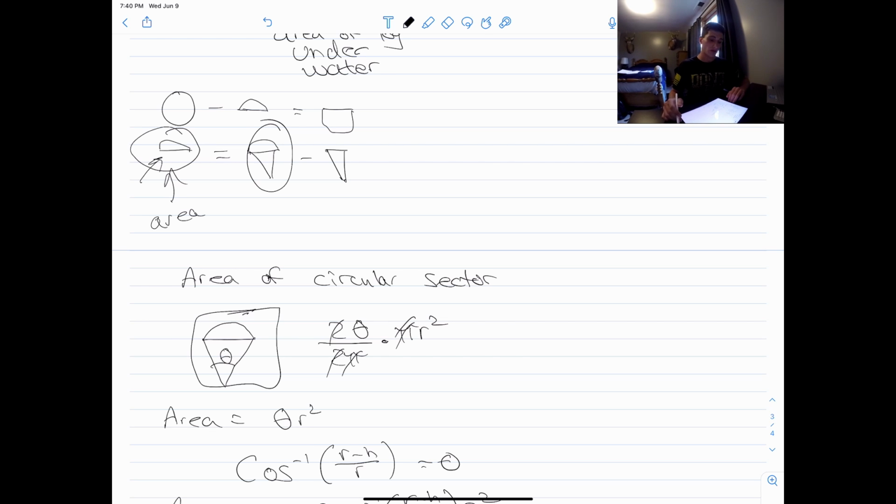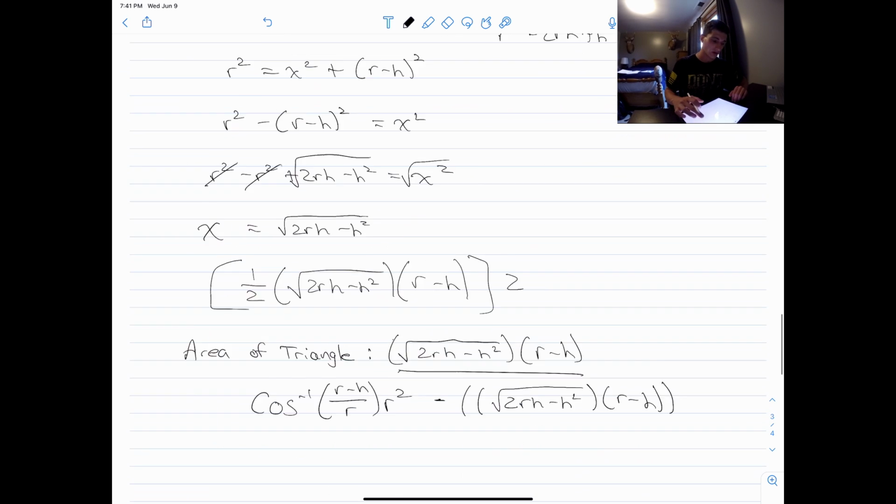Now we subtract the area of the top piece from the full circle to get the cross-sectional area of the piece of the log that's submerged underneath the water.